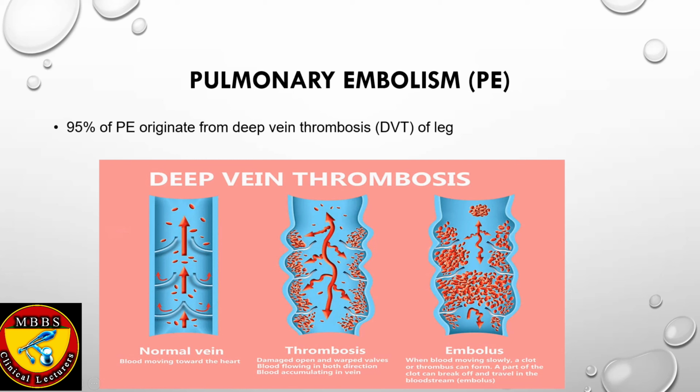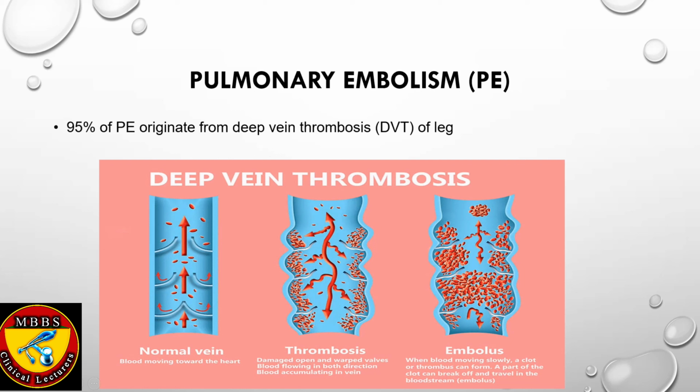So in DVT, there is formation of thrombus within the deep vein of the leg. Immobilization is the major factor for DVT. Patients lying down on a bed for a longer time are more prone to form thrombus in the deep veins of their legs. Other causes could be hypercoagulability states, venous stasis, or vessel wall injury.